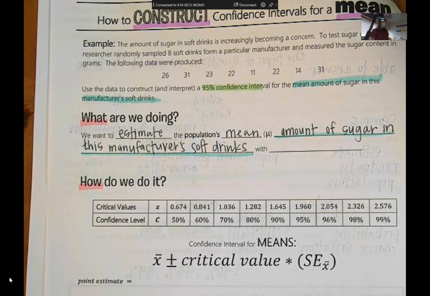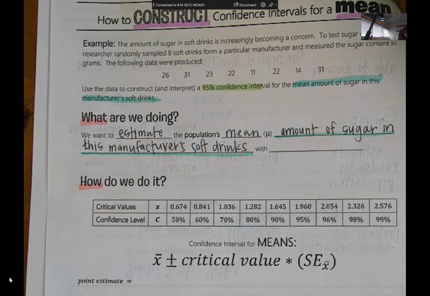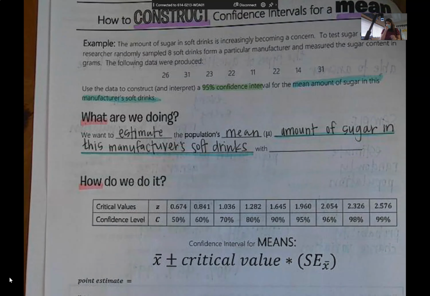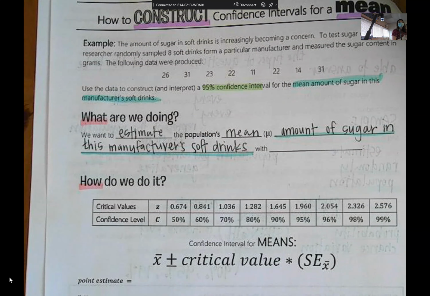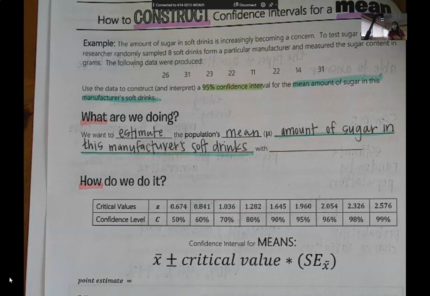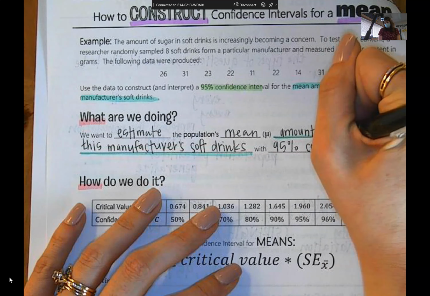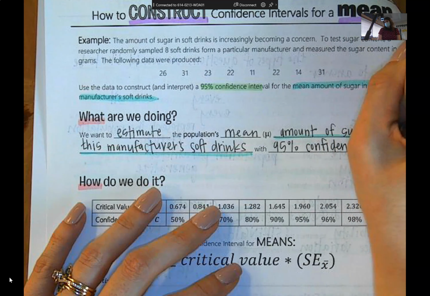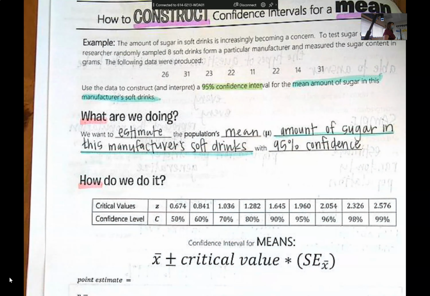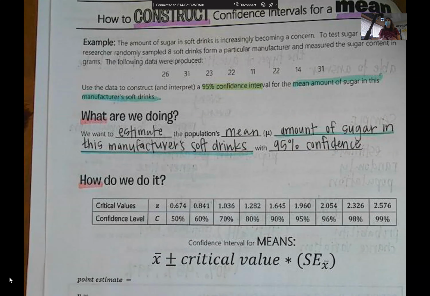Then I'm going to wait just a second because I know that I write faster than you guys. So we're trying to estimate the true sugar content, average sugar content in all of their drinks. We want to do this with 95% confidence. So by the time we're done, we want to be 95% confident that the true value is in our interval.